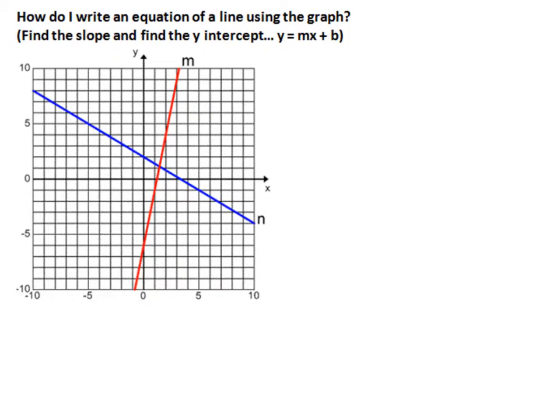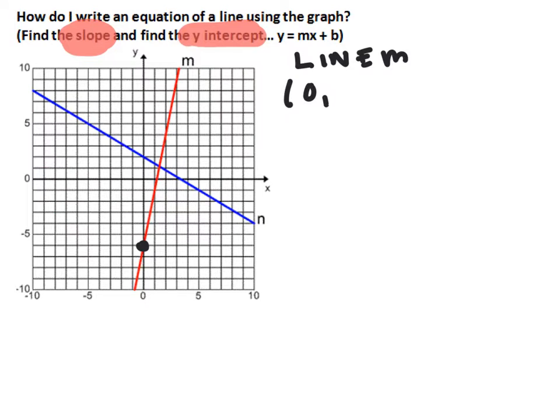There are two things that are required to get an equation of a line. One is the slope and the other is the y-intercept. So let's take a look at line M first and see if we can obtain both of those things. Here it seems that it crosses down here at -7, so the y-intercept is -7.